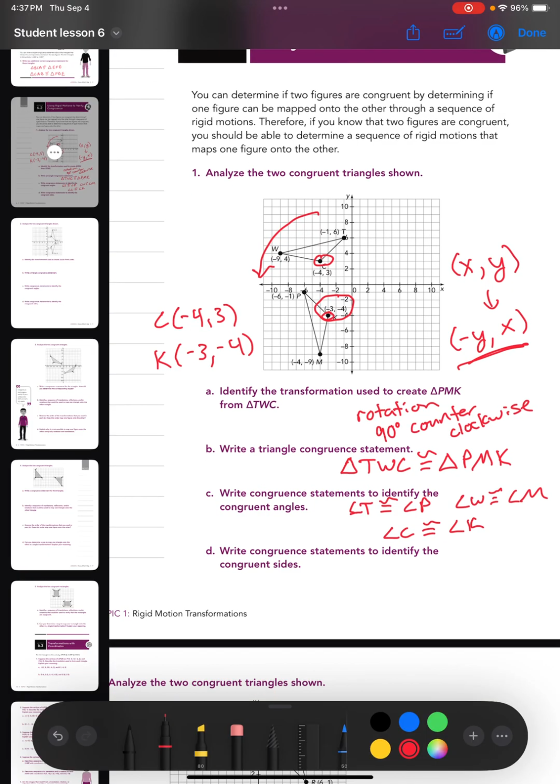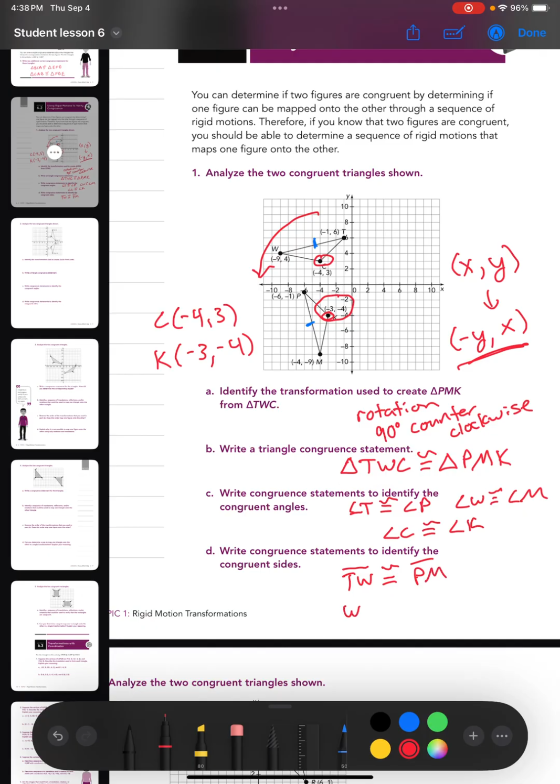The same thing we could do for the sides. We could say side TW, this side right here, which I'm going to mark in blue, corresponds to that side there, so it is congruent to side PM.